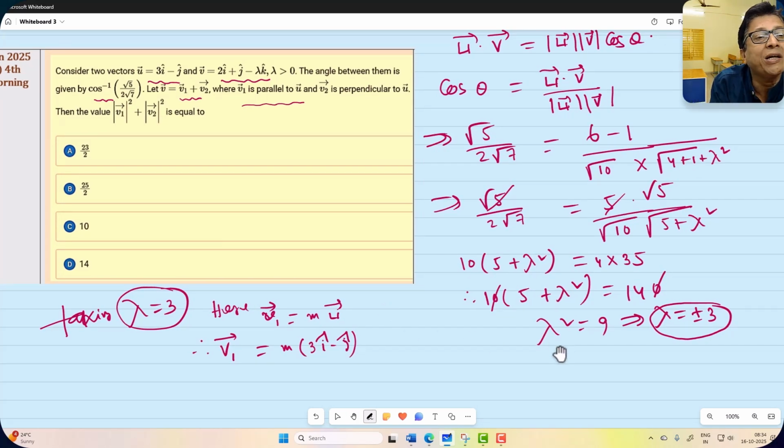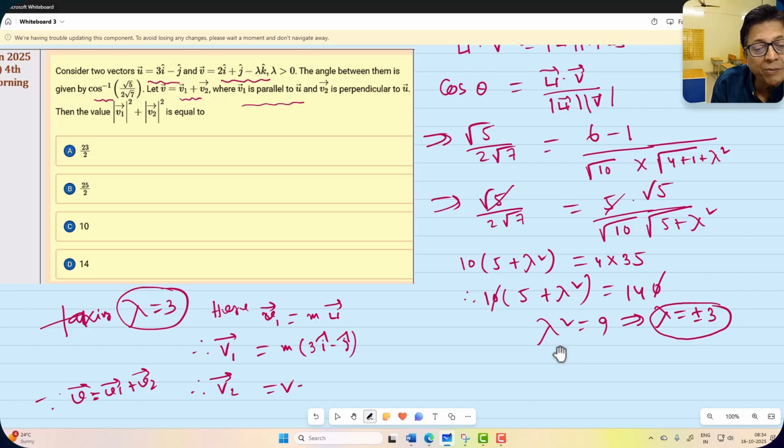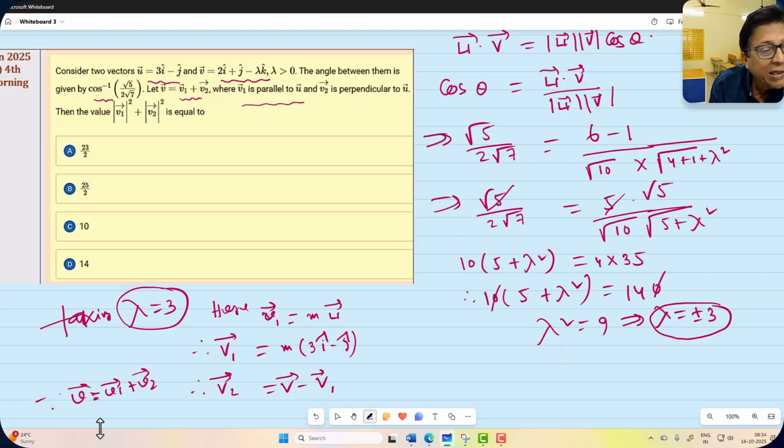And V2 vector is given perpendicular to U. What is V2 here? In this given relation, since V equal to V1 plus V2, therefore V2 vector is going to be V minus V1. Writing capitals, you understand better. V minus V1. What is V over there?